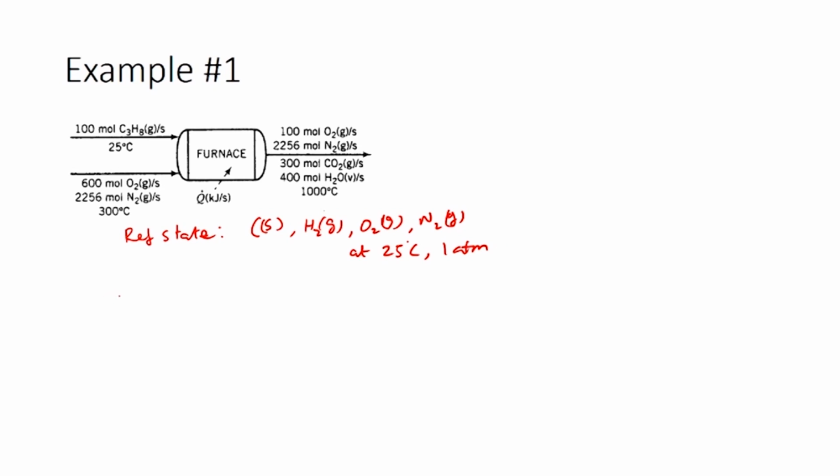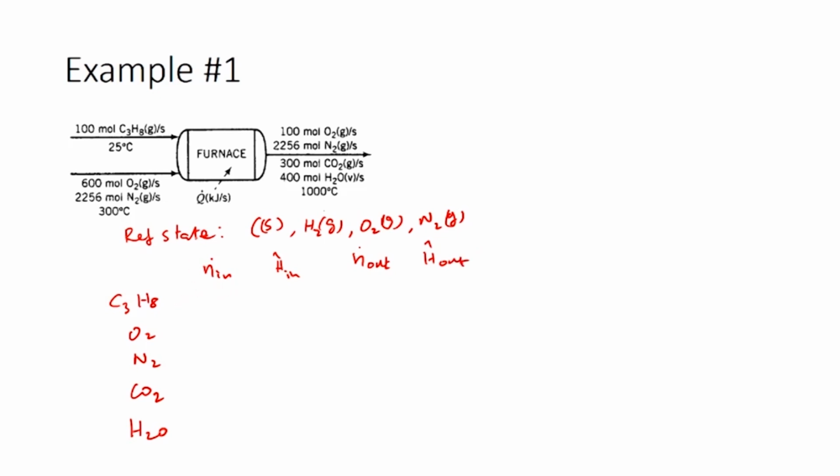So, the substances are the same. You have propane, oxygen, nitrogen, carbon dioxide and water. So, you have N dot, H cap in, you also have N out dot and H cap out.